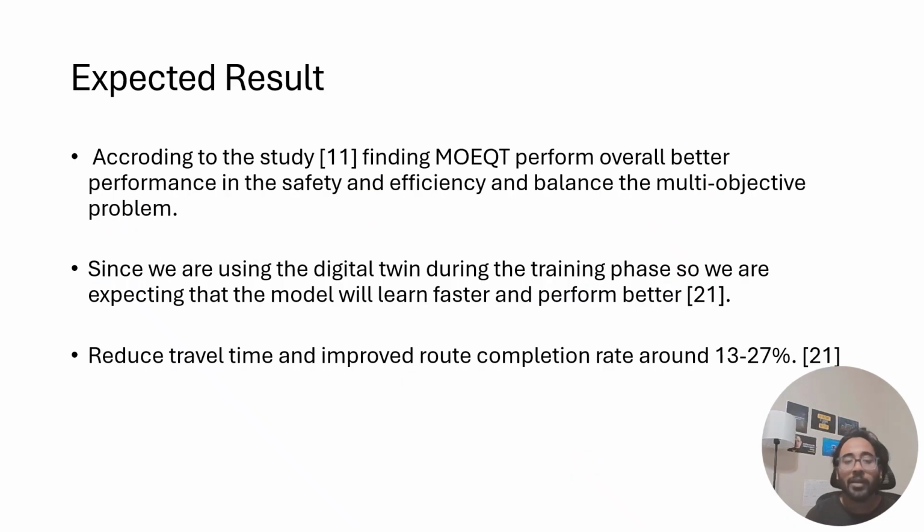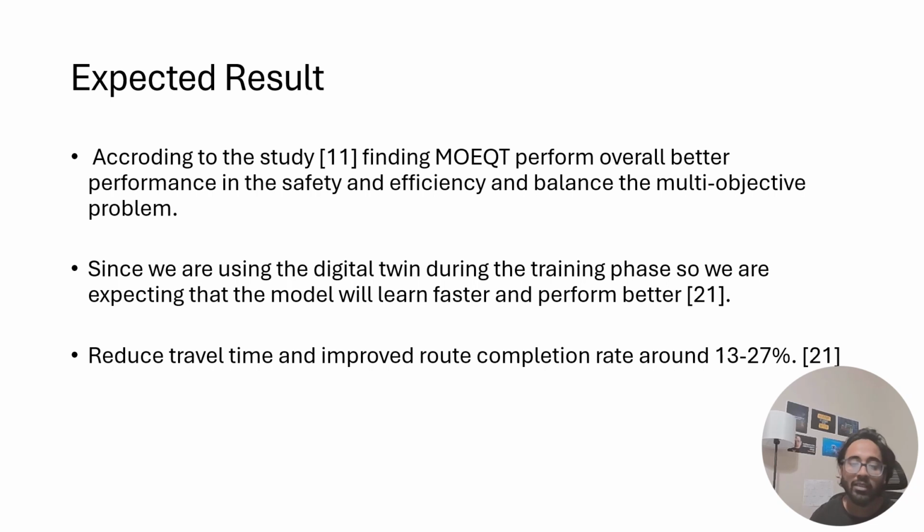Here are the results that we expect from this study. First of all, study 11 illustrates that multi-objective reinforcement learning can perform better in safety and efficiency, and can also balance this conflicting multi-objective problem. The second expected result is from paper number 21.